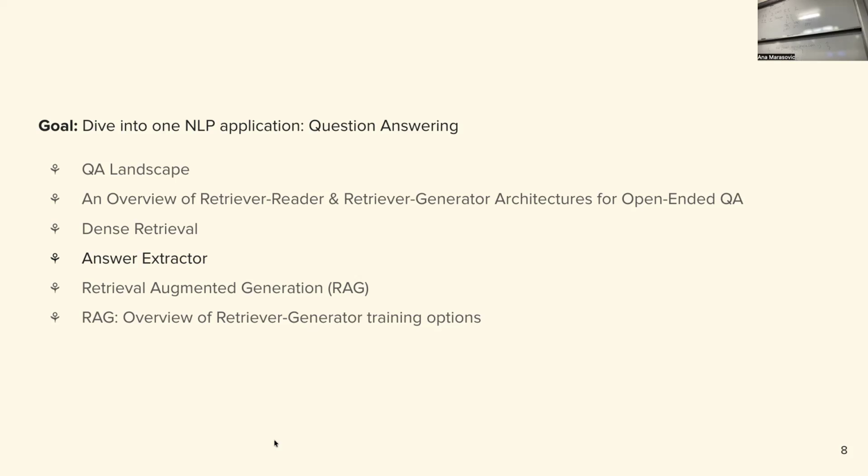Okay, so now hopefully we know what the answer extraction part is. One thing I forgot to mention is, okay, we train this, we are done. How do we decide at inference time? We calculate probabilities, and we said we are going to take the highest probable span.